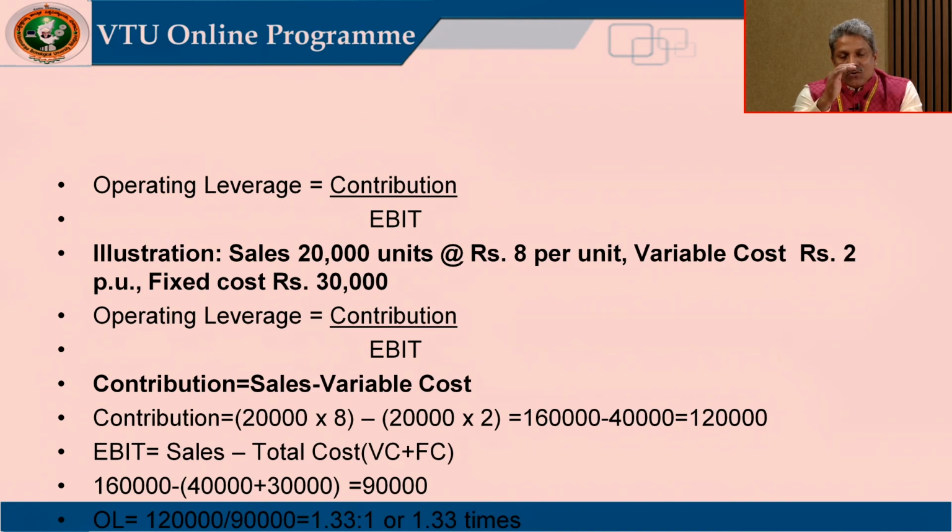Please understand, I hope it is clear to you. Operating leverage is equal to contribution divided by EBIT. Contribution is nothing but fixed cost plus profit, or it can be calculated as sales minus variable cost. Then earnings before interest and tax, EBIT, is equal to sales minus total cost. Total cost means fixed cost plus variable cost.